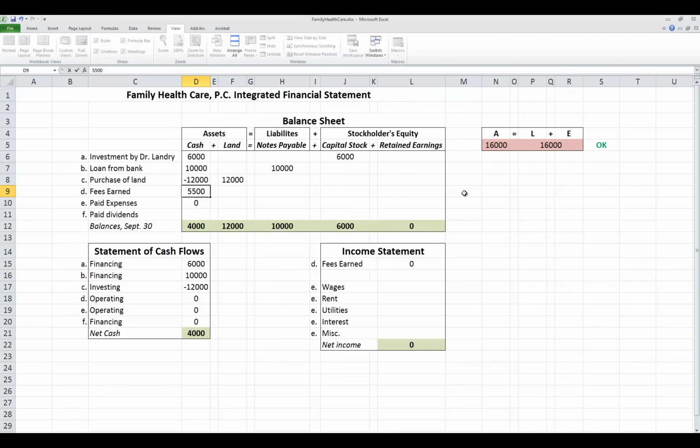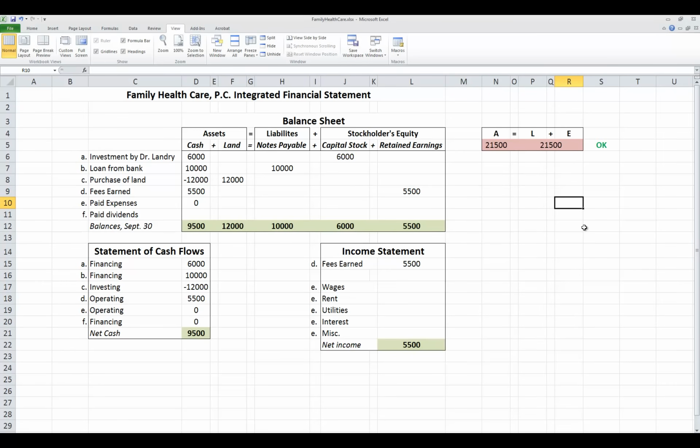No. Is it capital stock? Is that new money coming into the business? No. That's his patients' money that they're paying him for his medical services. Well, those are earnings. As of right now, they are retained earnings. So $5,500 in cash balanced out by $5,500 in retained earnings.